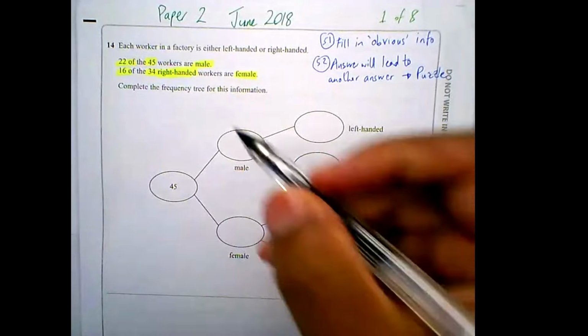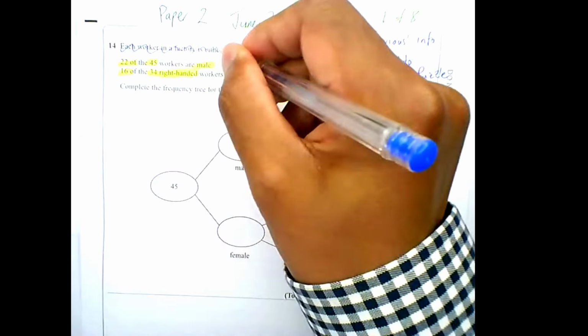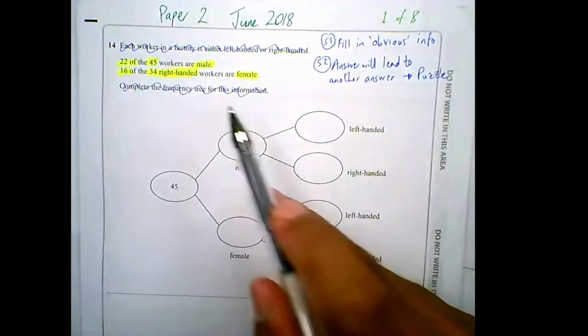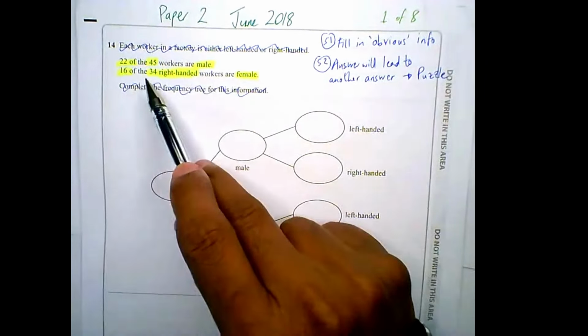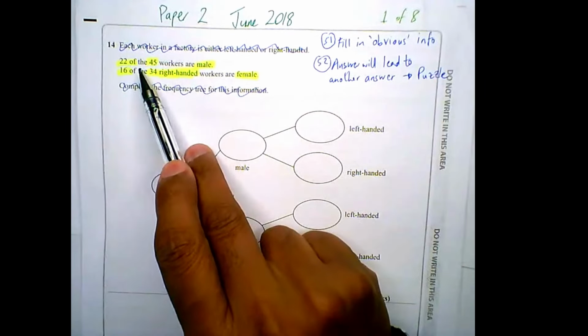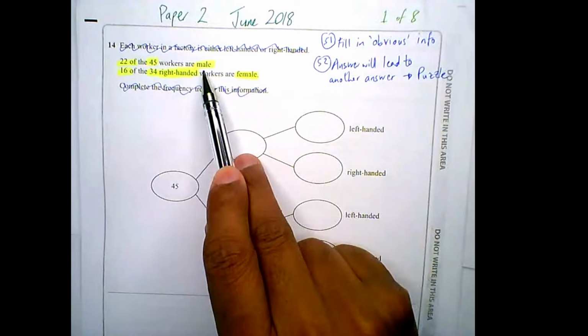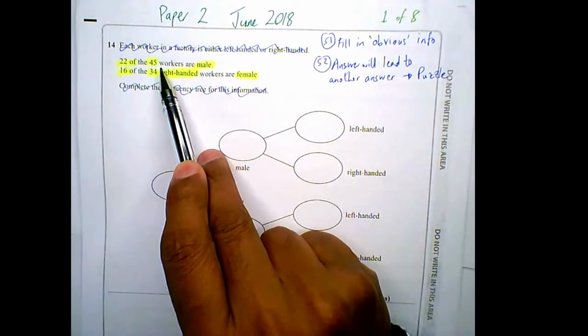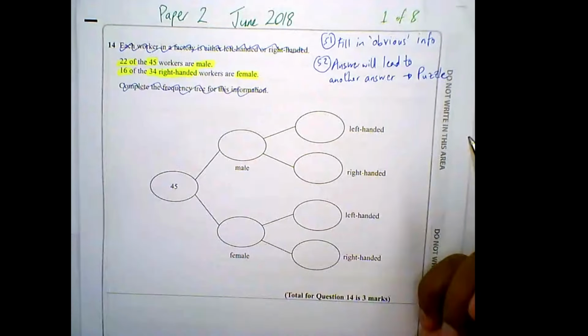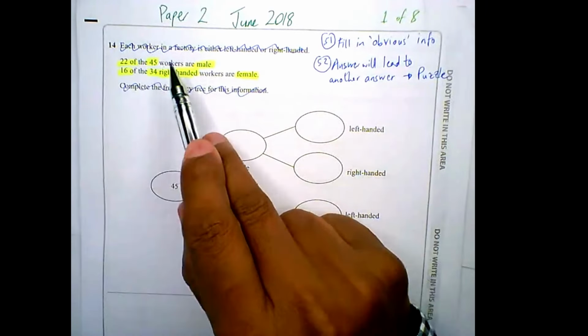If you think about it in a way, we don't need this first sentence. And this last sentence we don't need. So we just need to analyze, process these sentences. So we can see 22 of the 45 workers are male.